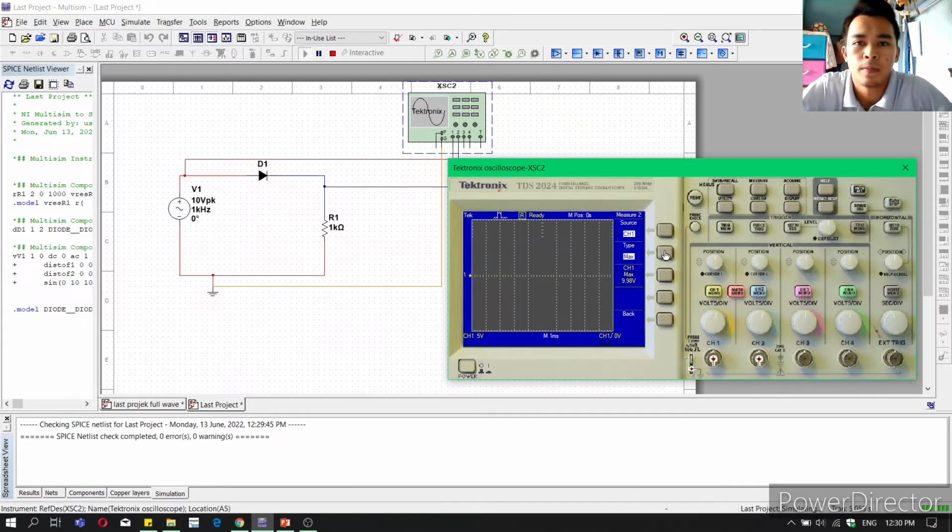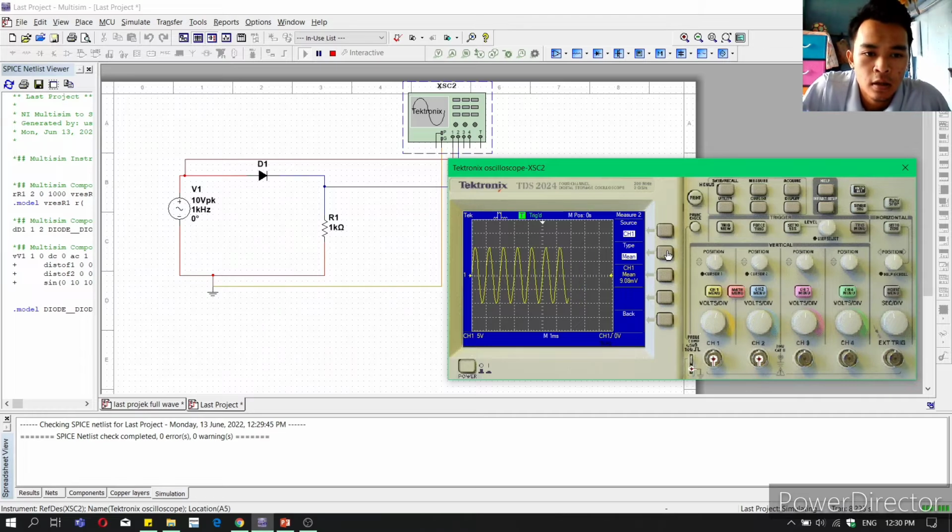And the type of signal is an AC signal. So we can see the measurements like period 1 millisecond, peak to peak 90.9 volt, value of RMS, value of minimum, value of maximum, and so on.